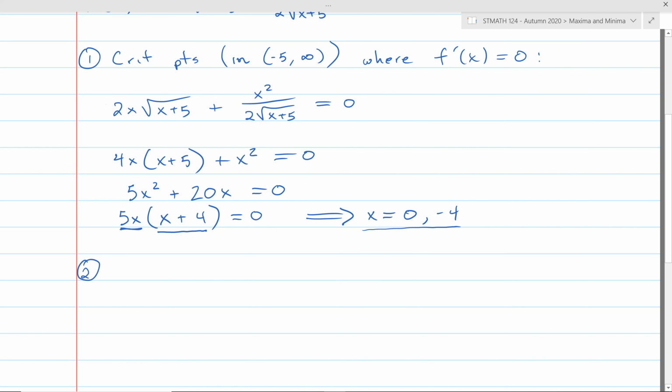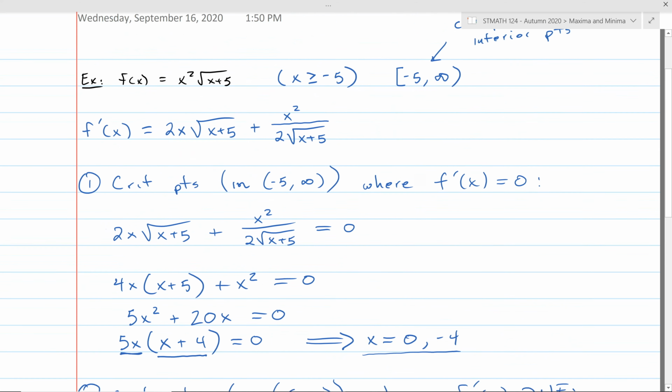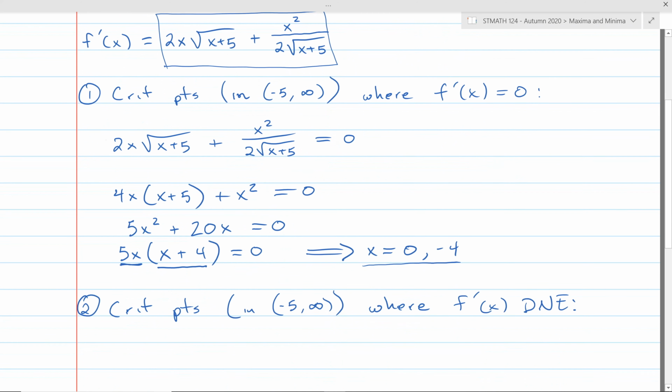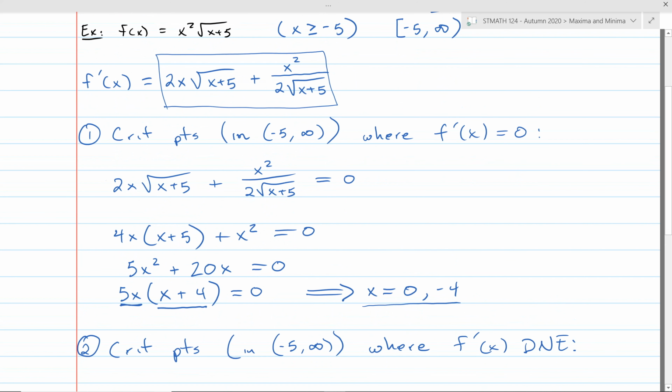And the second bit, I've got to find the critical points again in the open interval -5 to infinity where the derivative is undefined. Up here in our expression for the derivative, I just think about where would that be undefined, right? Well, the first term in that sum would only be undefined for x's less than -5, but we're excluding those. We're only considering x's greater than -5.